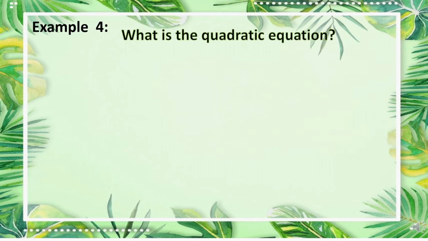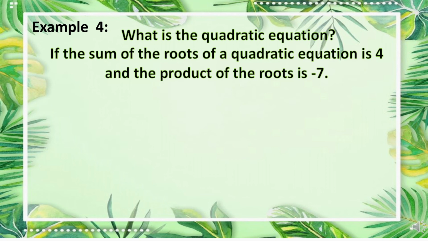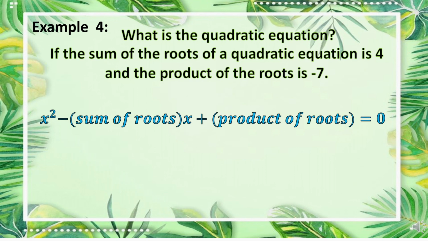What if we were given only the roots of a quadratic equation? Let's take for example, the sum of roots is 4, while the product of roots is negative 7. Don't forget that earlier we have this equation, x squared minus the sum of roots x plus the product of roots is 0.